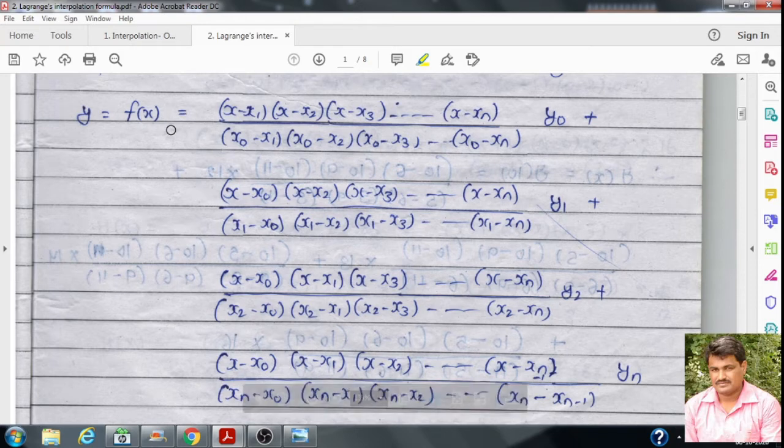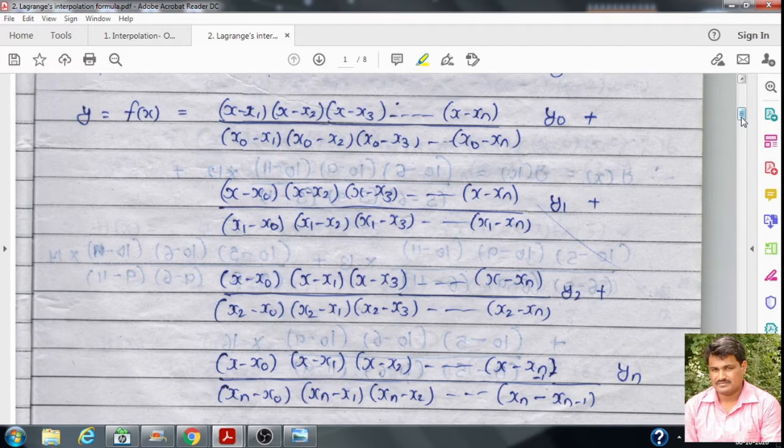Also we can write this polynomial is approximate to p of x and is represented as x minus x1 into x minus x2 into x minus x3 and so on x minus xn, divided by x0 minus x1 into x0 minus x2 into x0 minus x3 and so on x0 minus xn into y0.